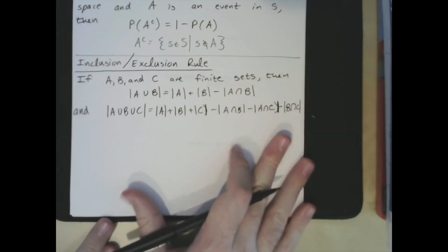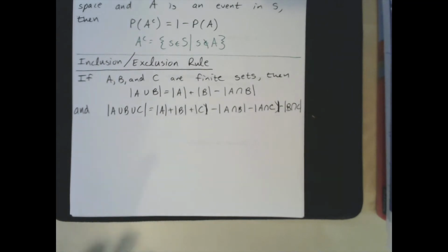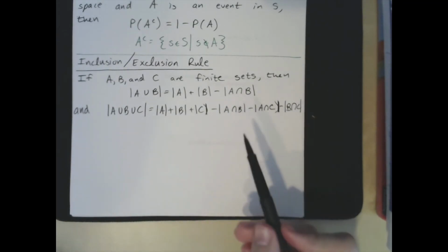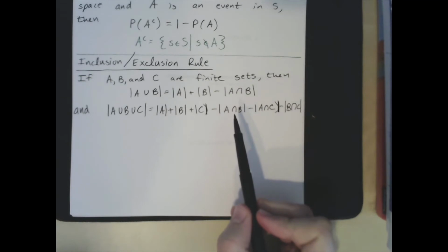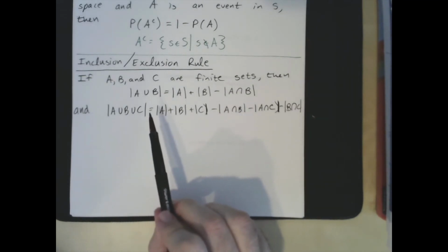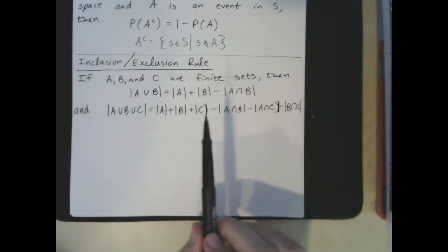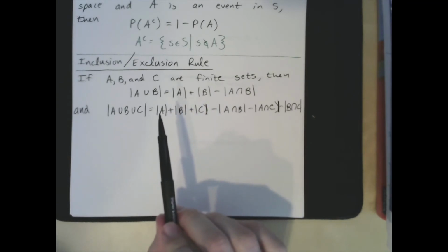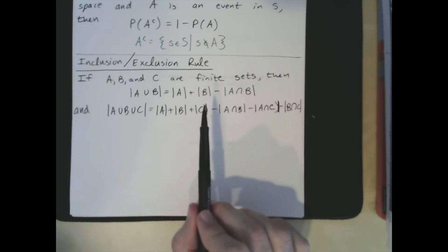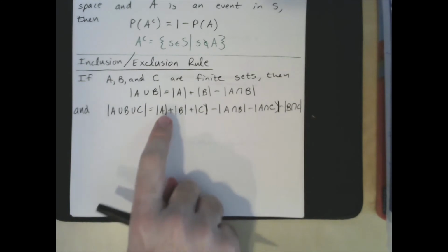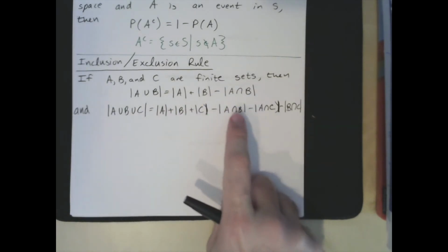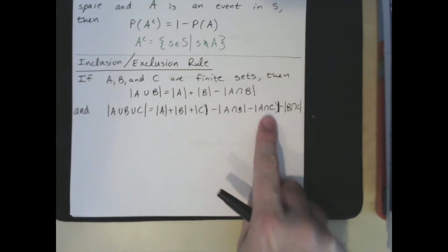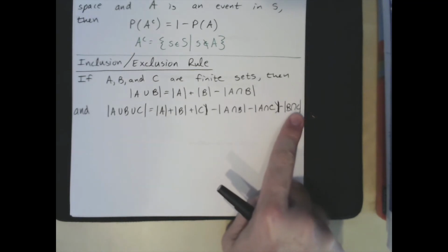Now, something bad happens here. If there's an element that's in all three, so if x is in A, x is in B, and x is in C, it's getting counted here once, here twice, here a third time.